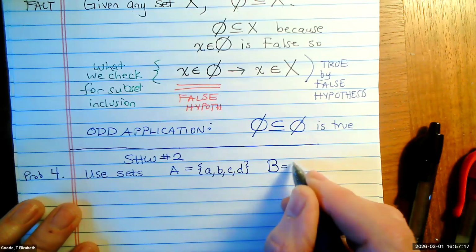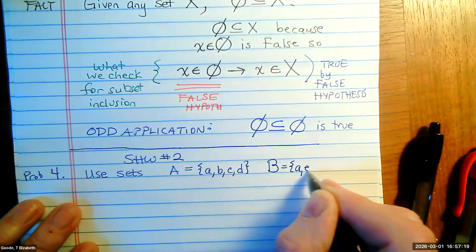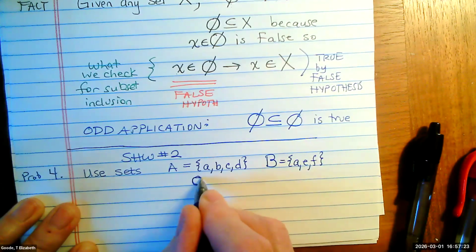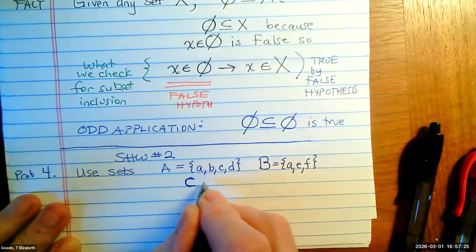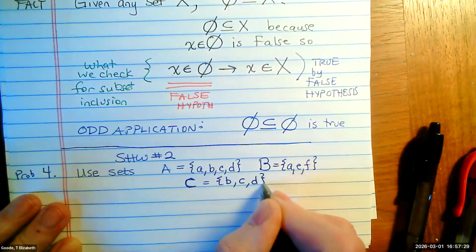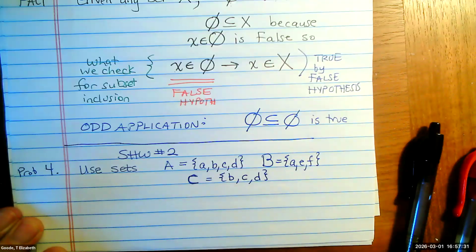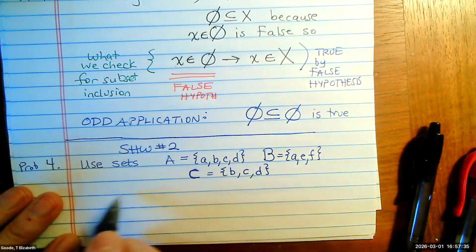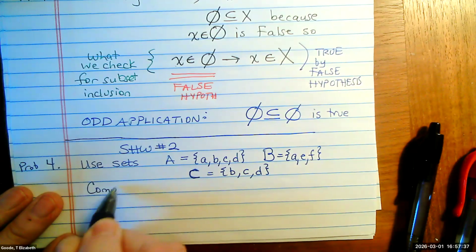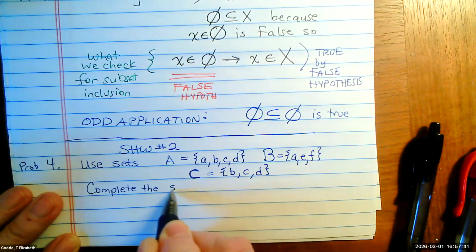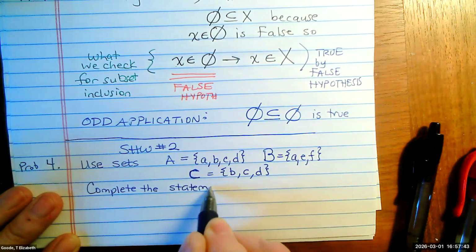B had the elements little a, little e, and little f. And C was a set that contained elements little b, little c, and little d. And the directions in 4A were to complete the statements to make them true.